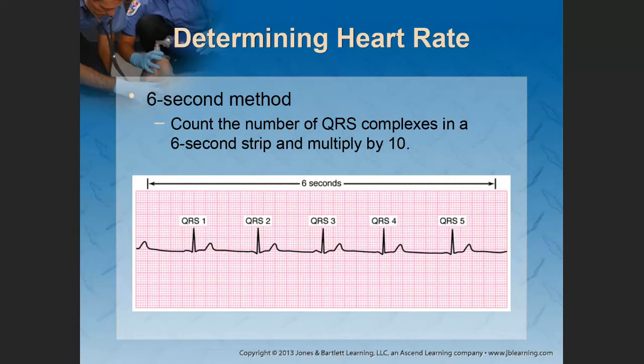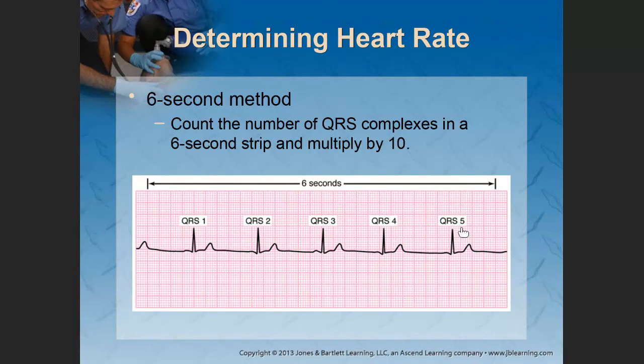So we mark off 6 seconds, and we're going to count the QRS complexes. Let me use my pointer. 1, 2, 3, 4, 5. So we have 5 QRS complexes within that 6 seconds.